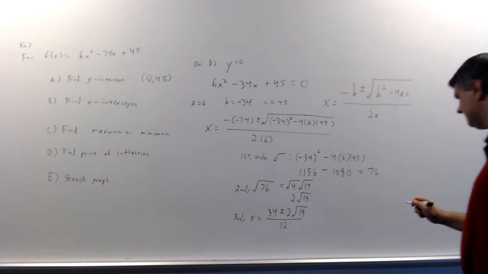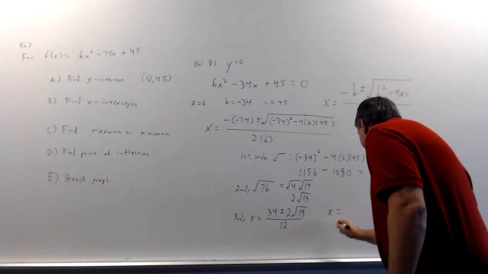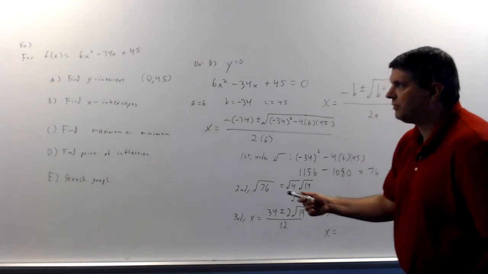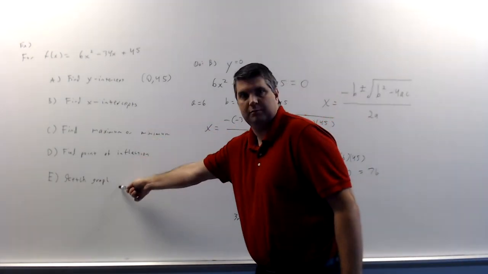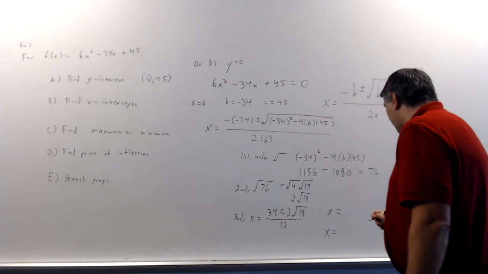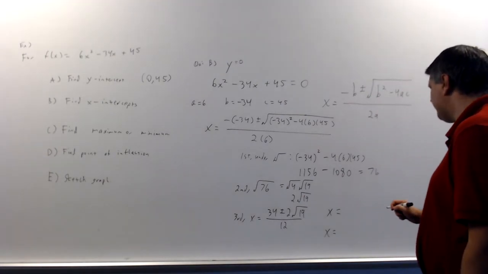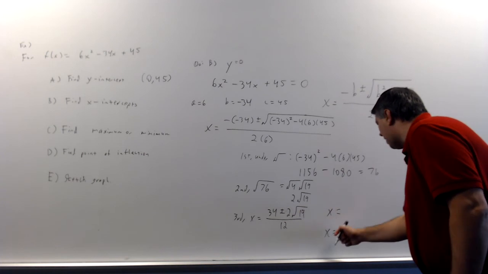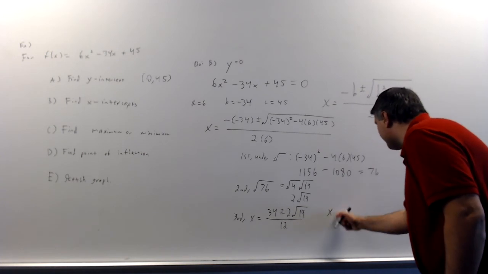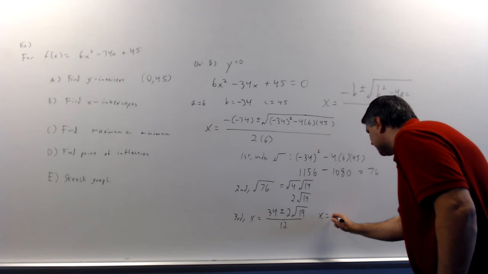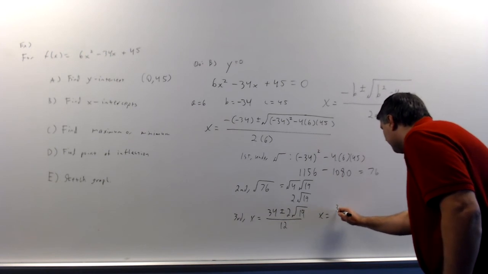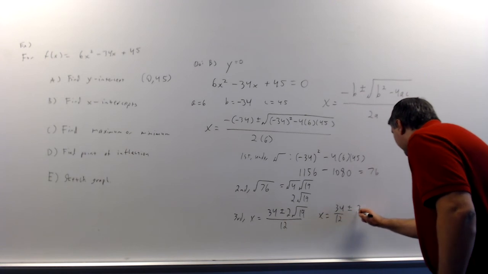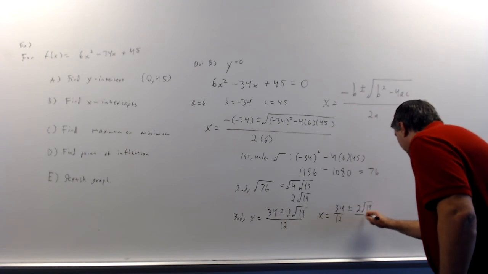I'm going to split this up into two cases, because this needs to be graphable. I'll leave it in irrational form first. Actually, I know I keep changing my mind, but I'm going to split this up and do this a different way. So 34 over 12 plus or minus 2 square root of 19 over 12.